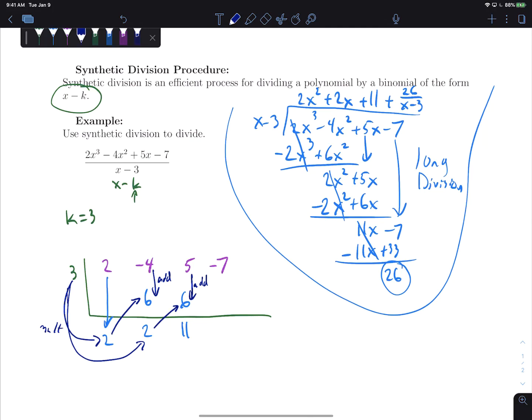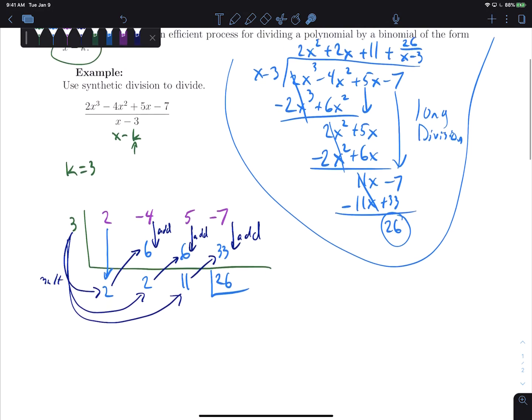And then again, we multiply. 3 times 11 is going to give us 33 right there. And then, of course, add again, negative 7 plus 33 is 26. And there we go.